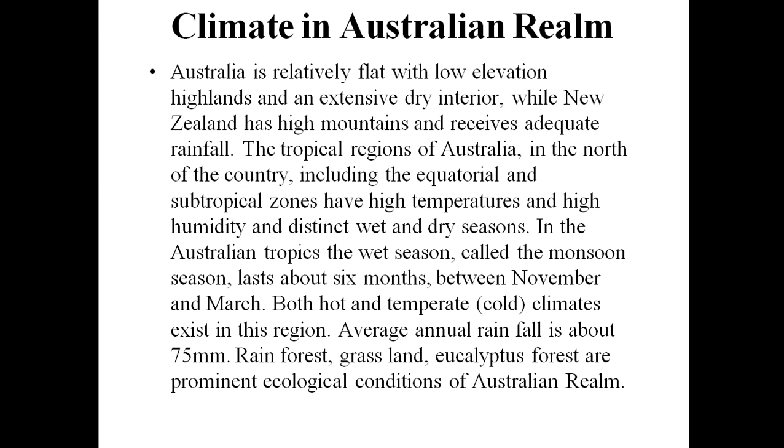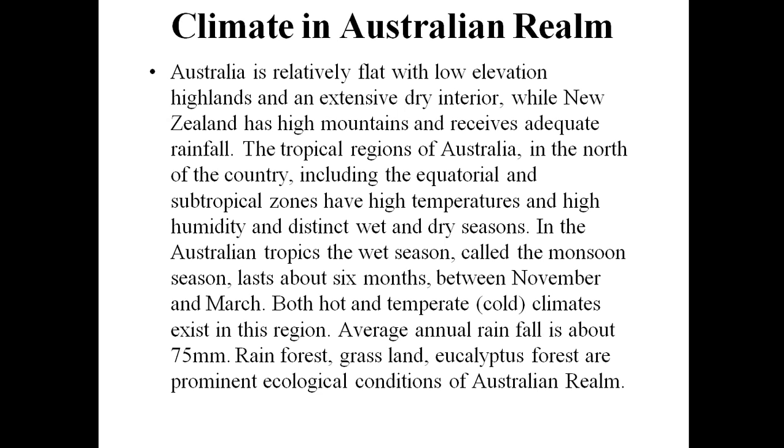A part of Australia falls in the tropical region also, in the north of the country. In the north, including the equatorial and subtropical zone, one can see high temperature and high humidity. Not only that, dry and wet seasons are very distinct here.